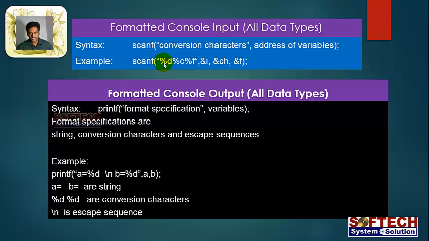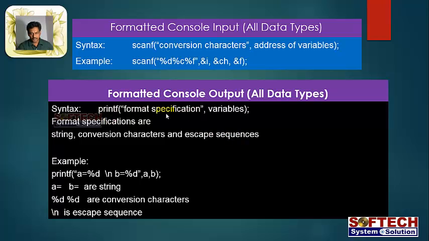A conversion character is a symbol that indicates the type of data: %d indicates integer, %c character, %f float. Escape sequences always start with a backslash, that is \n, \t.